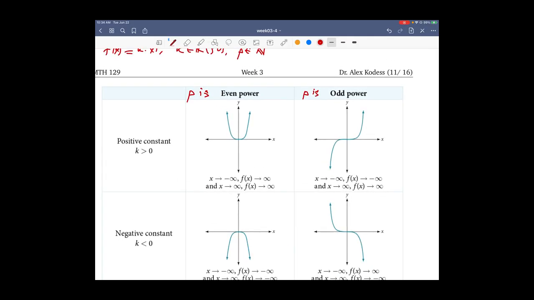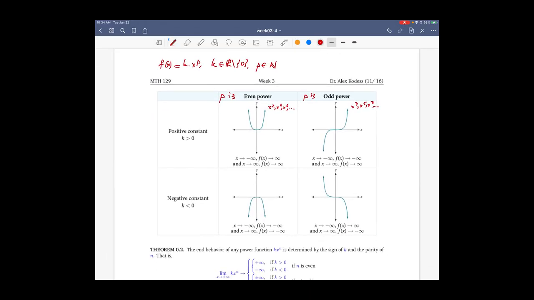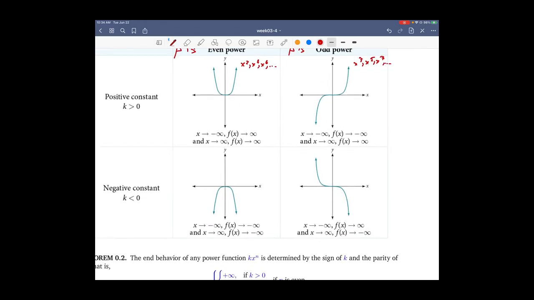So when the constant in front of x is positive, we have either a function behaving like x squared, or a function behaving like x cubed, depending on the parity of p. And naturally, when k is negative, this changes to the opposite behavior.